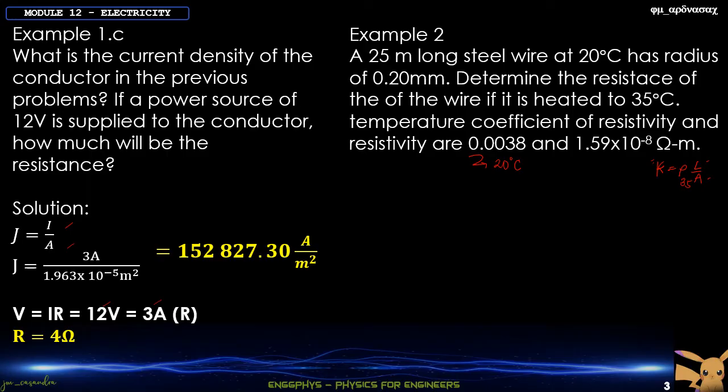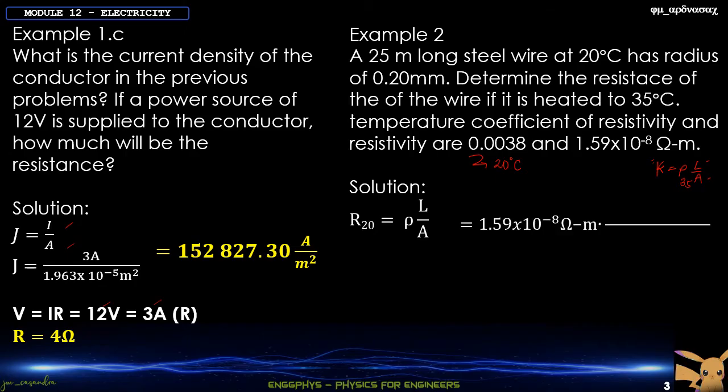What I can do is solve first for the resistance using the condition of 20 degrees Celsius. For the solution, I will use this equation, but in terms of the 20 degree condition. We're given the rho at 20, which is 1.59 times 10 raised to negative 8 ohm meter.